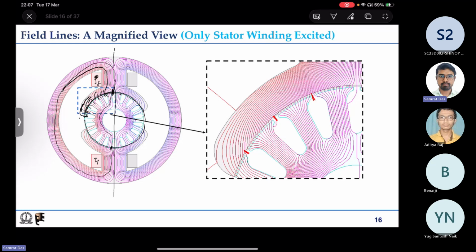If it is dot and if it is cross, flux lines will be upward, so it will be plus on the upward side and minus on the downward side.